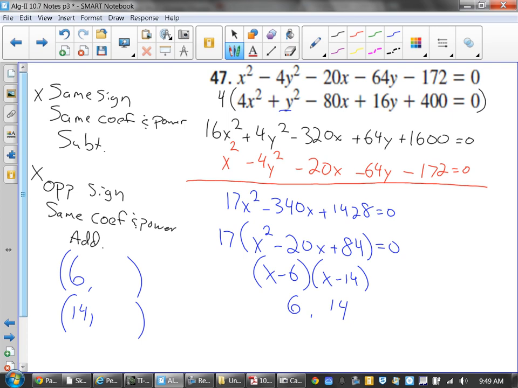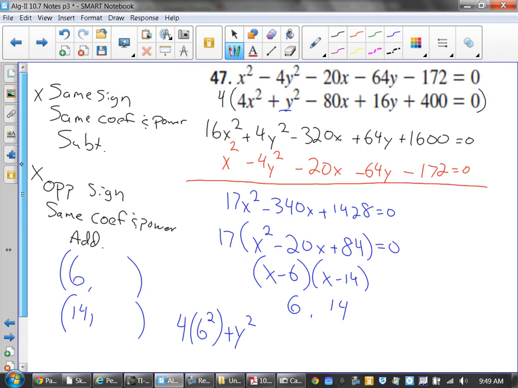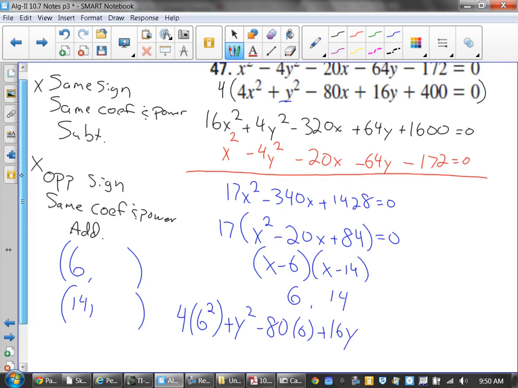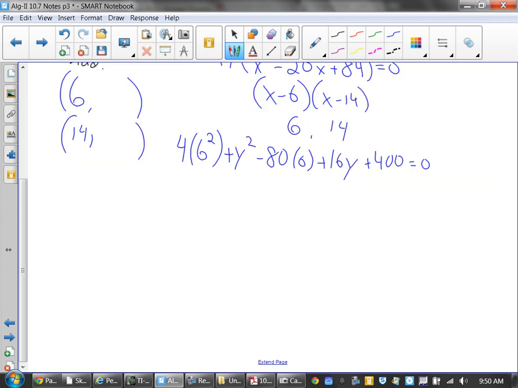So it just looks nasty, but we wind up doing the following. 4 times 6 squared plus y squared, I forgot the rest, minus 80 times 6 plus 16y plus 400 equals 0. I wind up doing that.